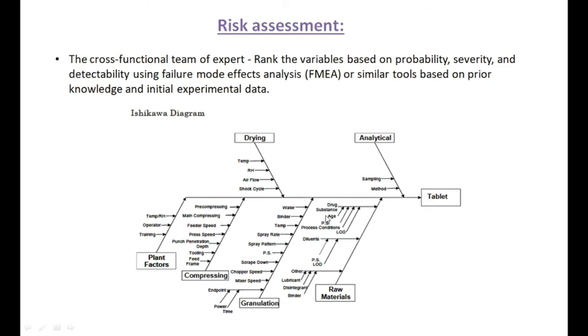So all the variables associated with the particular process, analytical method or raw materials can be ranked based on their risk factor, whether it is high risk or low risk. Later on, by applying design of experiments, further knowledge can be gained regarding these high risk factor variables, and that knowledge can be utilized for further development.